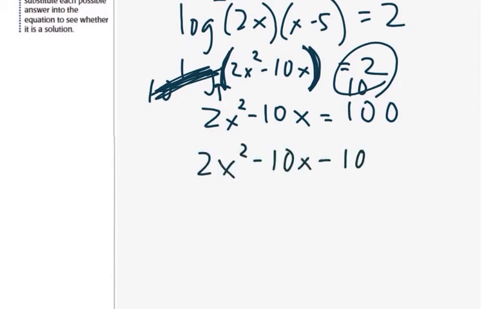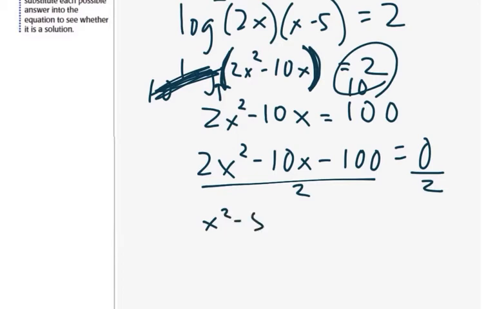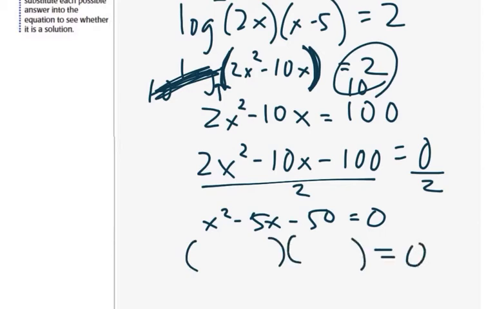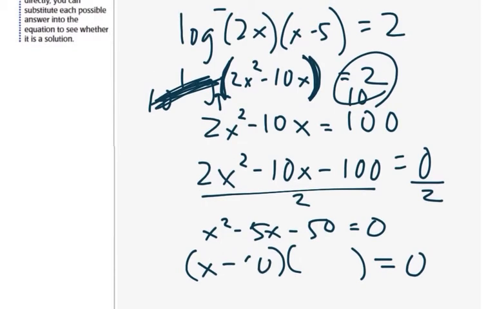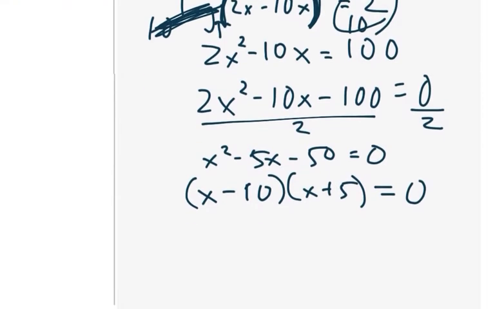Set equal to 0. Divide both sides by 2. You have x squared minus 5x minus 50 is equal to 0. So this is x minus 10, x plus 5, which means my answer is x equals 10 and negative 5.